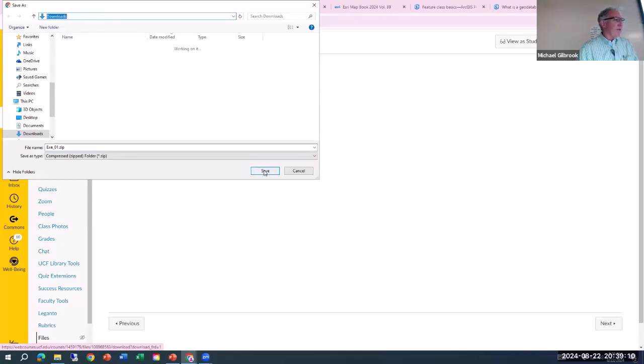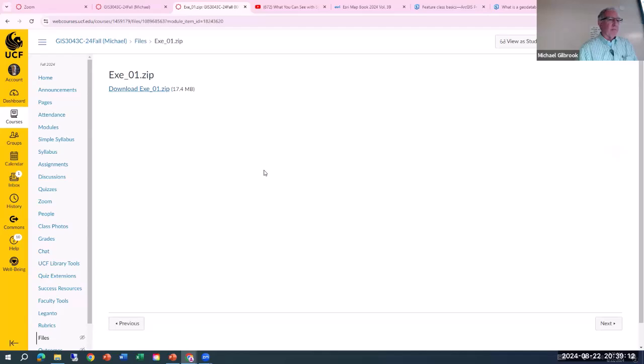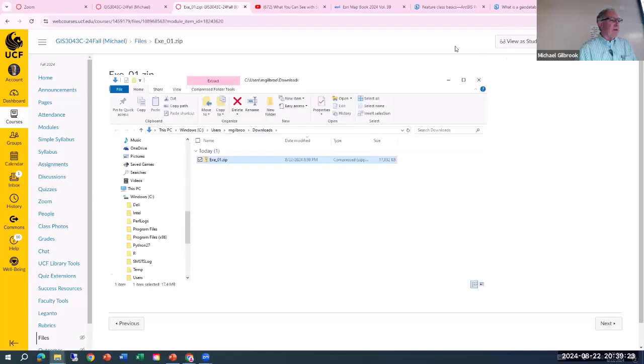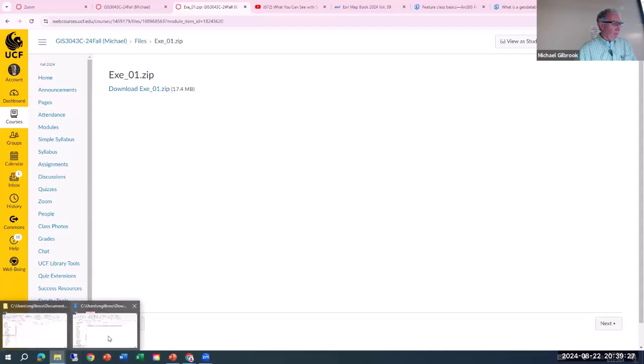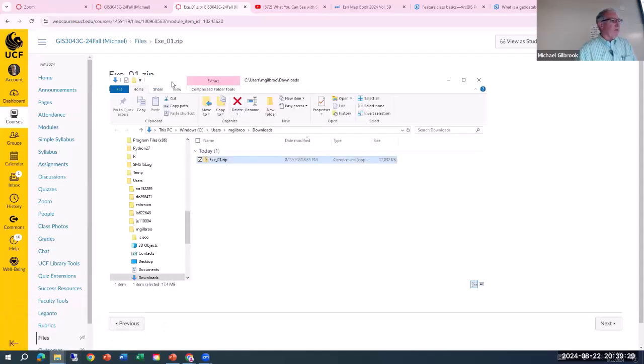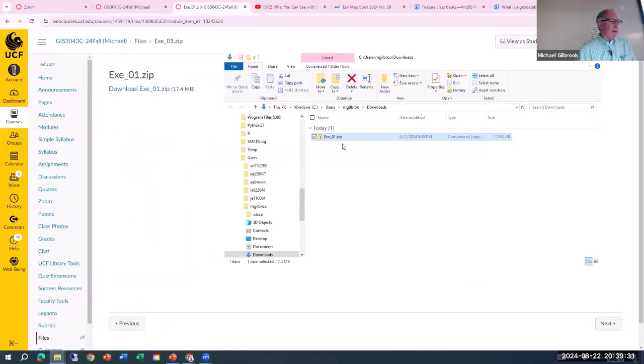Tell it yes, go ahead and do that. And up here in the upper right, it says, okay, I've got that. Don't click on open, click on the folder so you can see it in Windows File Explorer. Okay, so I can now see that exercise1.zip is inside the downloads folder on my PC.